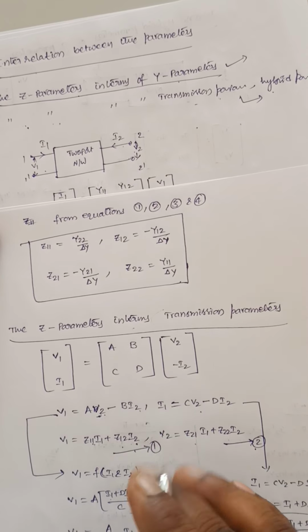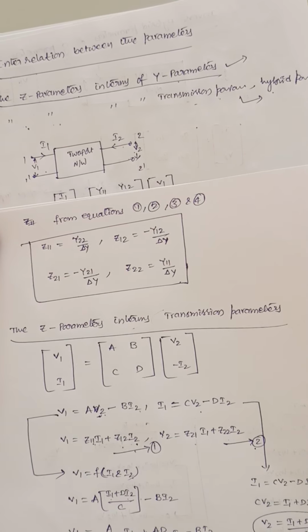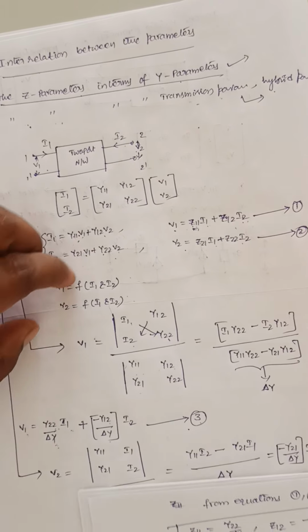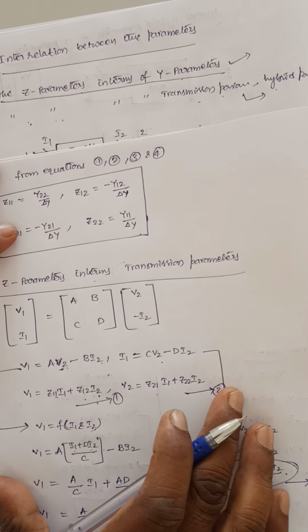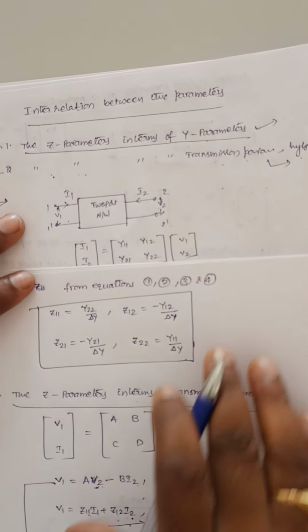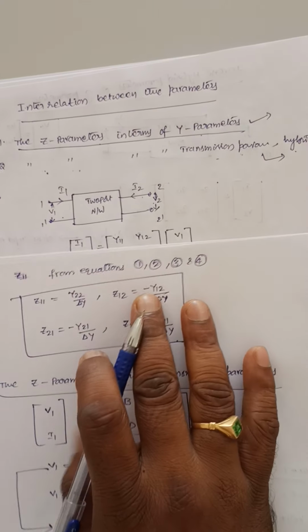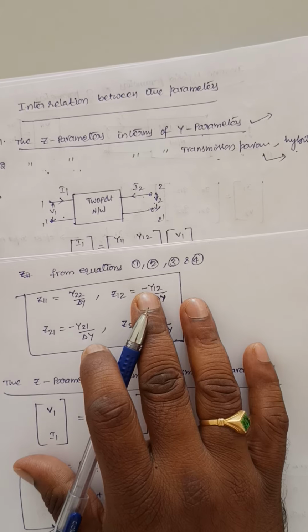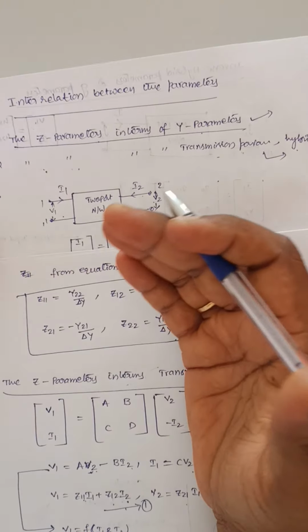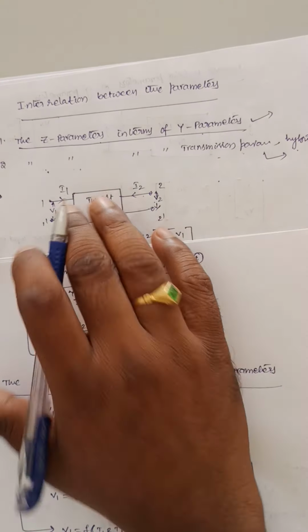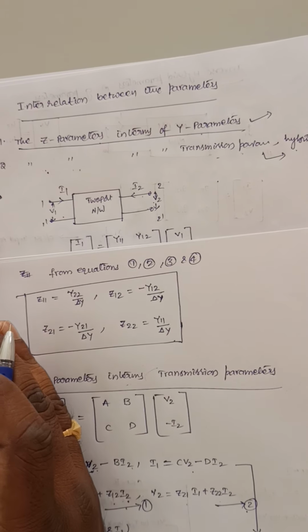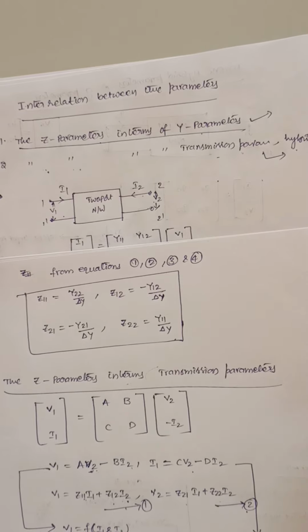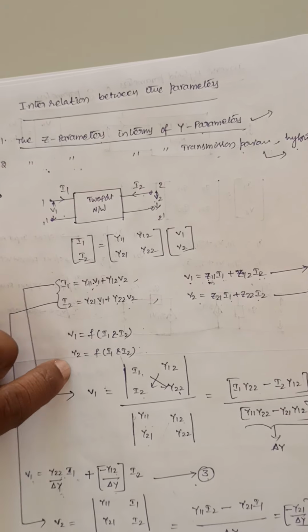Now that means this is having another way of derivation. This is having one type of derivation, one type of method, and it is having another method. What I want to say here is, in general, if you want to find the relation between one parameter, that may be Z parameter, Y parameter, transmission or hybrid parameters, to the inverse of that parameter, we need to follow this procedure.